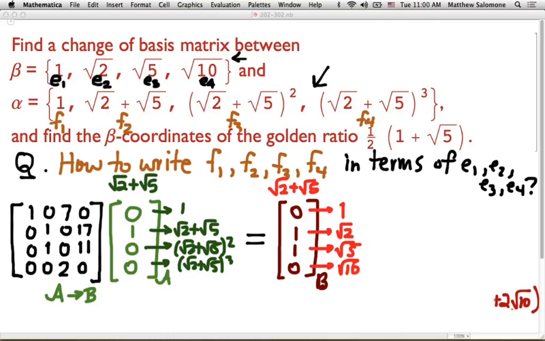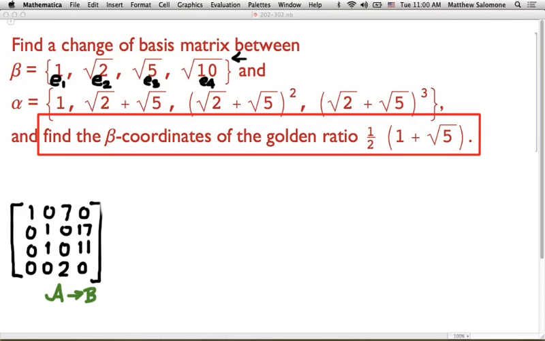So in other words, this matrix that we built by converting the F basis into the A basis into B basis coordinates, that matrix gives us the transformation from A coordinates to B coordinates. So anything which I have written as a sum of powers of square root of 2 plus square root of 5, I can use this matrix to convert into square roots of 2, square roots of 5, square roots of 10. So that's what this matrix has the power to do.